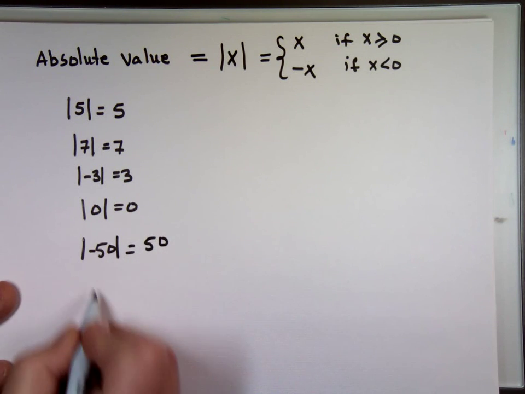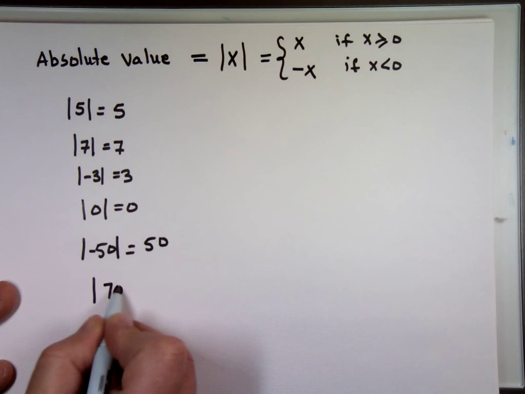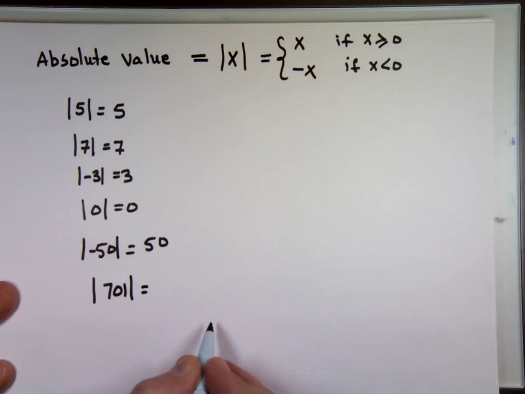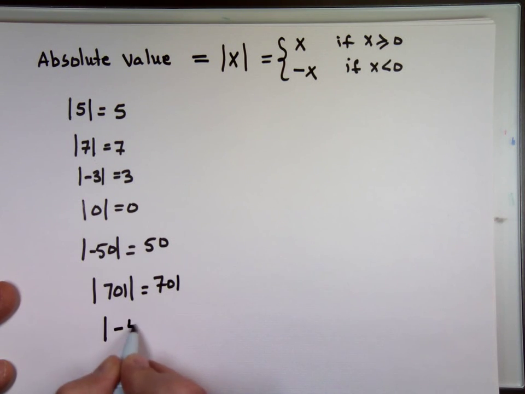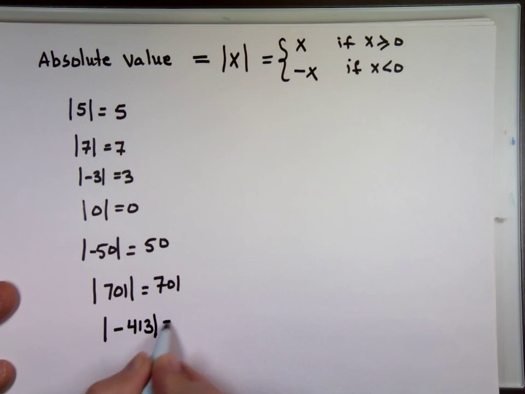The absolute value of 701 is what? 701. Very good. The absolute value of negative 413 is what? 413. So the absolute value is always positive or 0. So basically, if the number is positive, leave it alone. If the number is negative, change it to a positive.